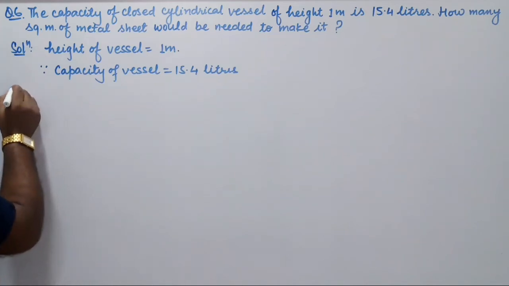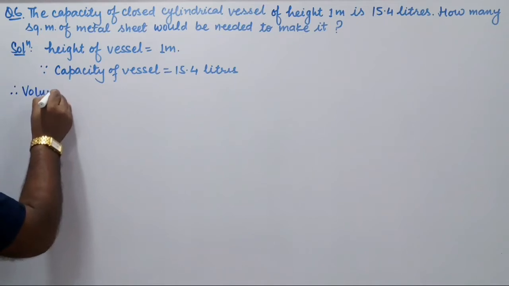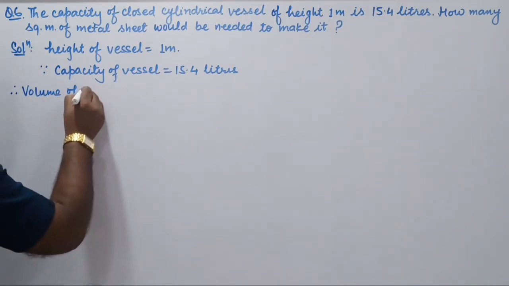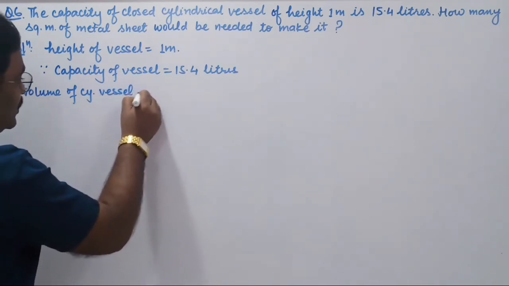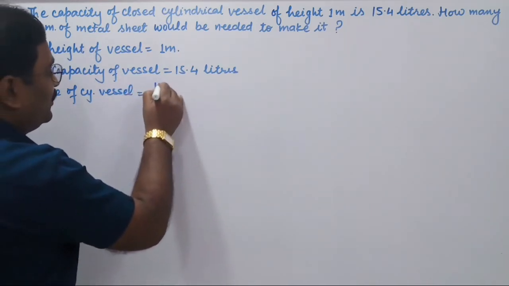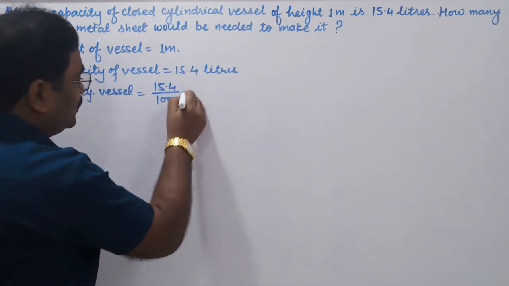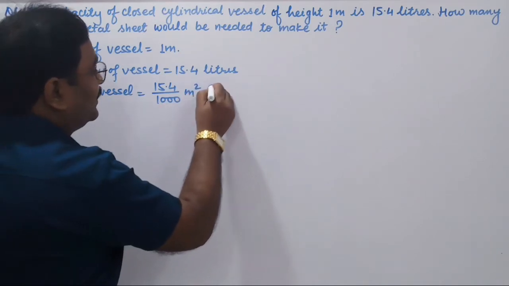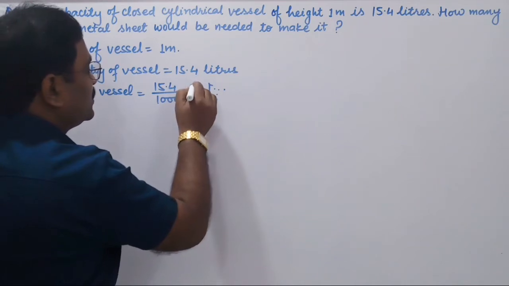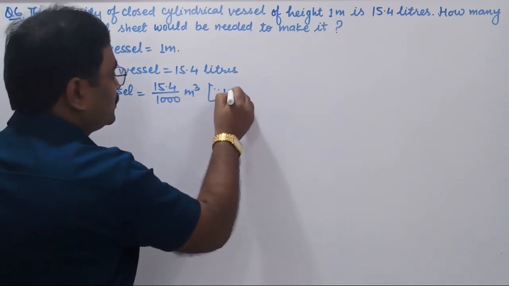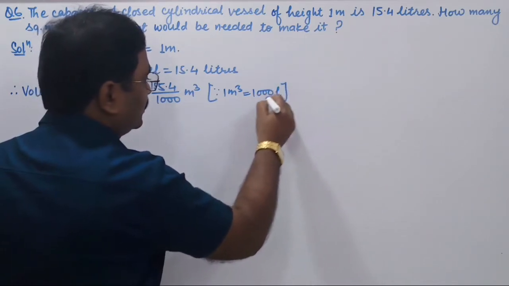Therefore, the volume of the cylindrical vessel is equal to 15.4 divided by 1000 meter cube, since 1 meter cube is equal to 1000 liter.